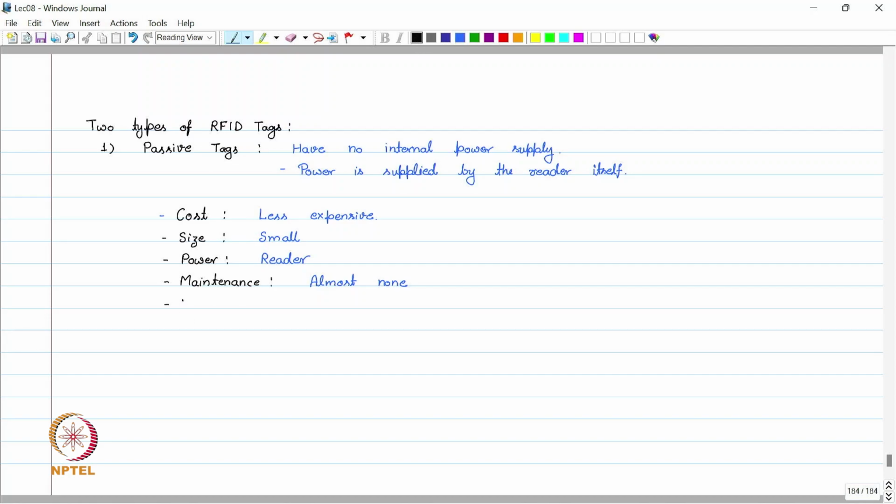The read distance is typically a few feet.